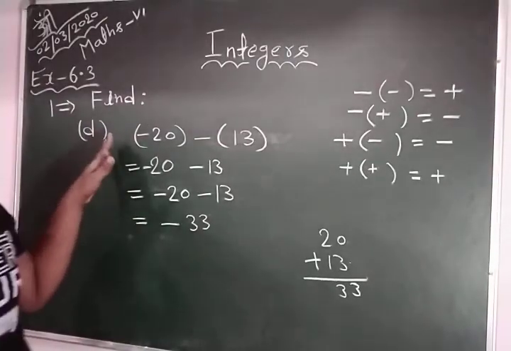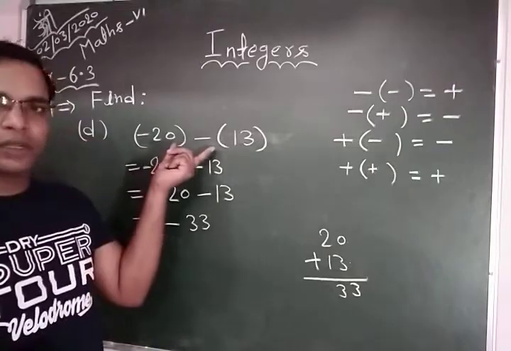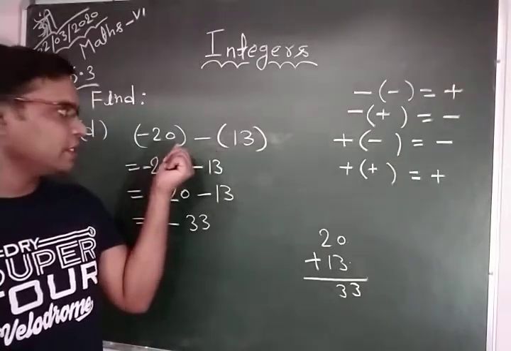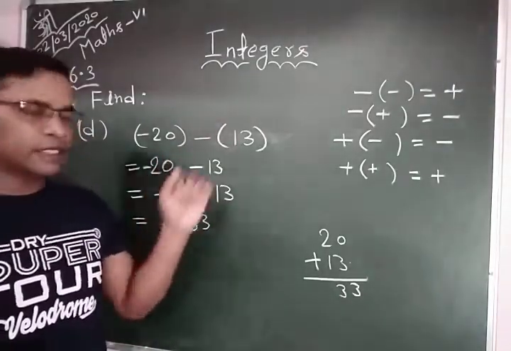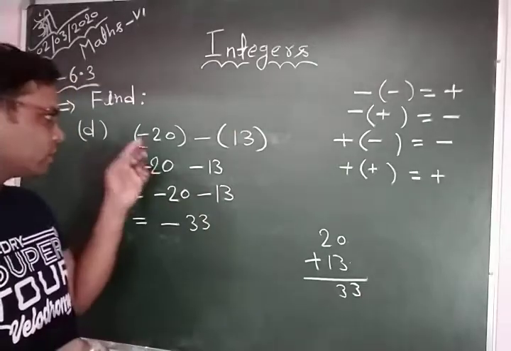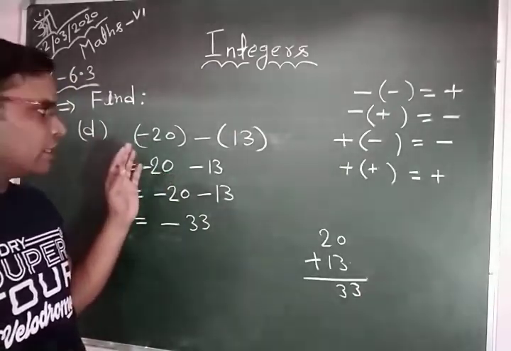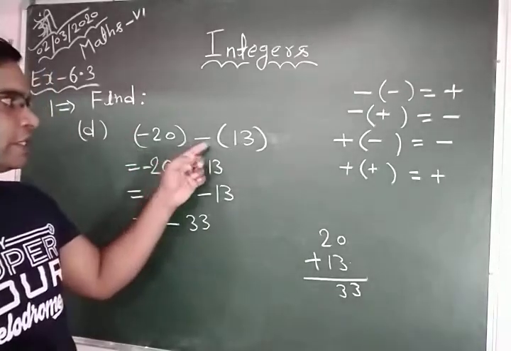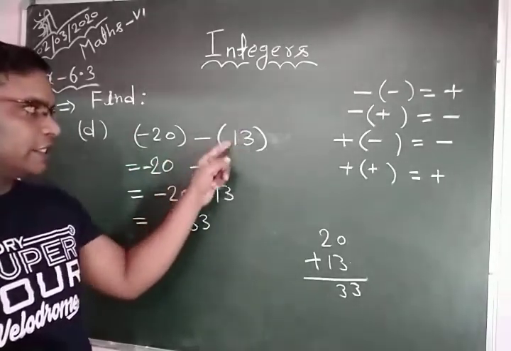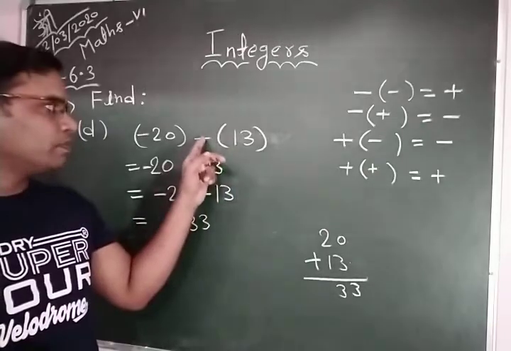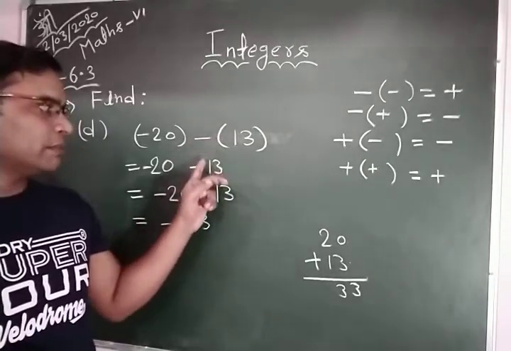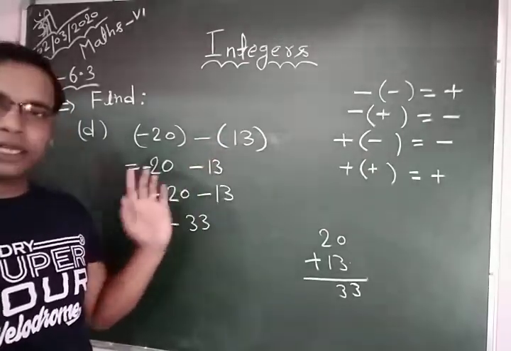This is the given question. This is given minus 20 minus, in bracket, 13. Okay, so minus 20 you can write as it is. Here no change in sign, but here this 13 is positive. So minus into plus becomes minus, and you write 13 as it is.